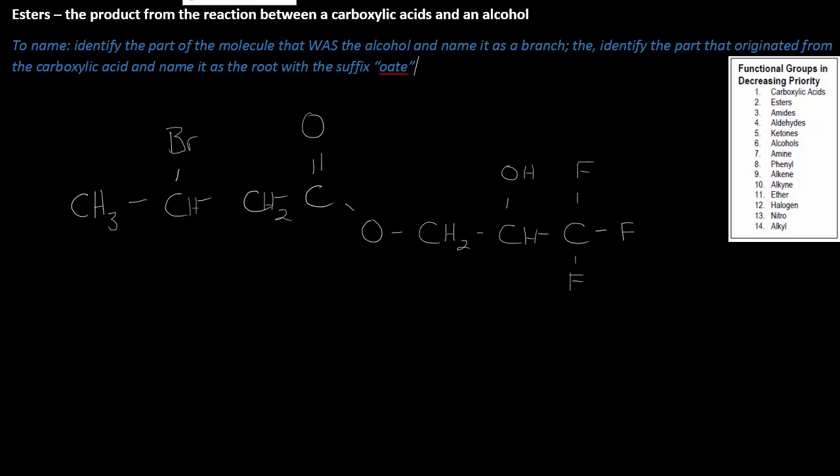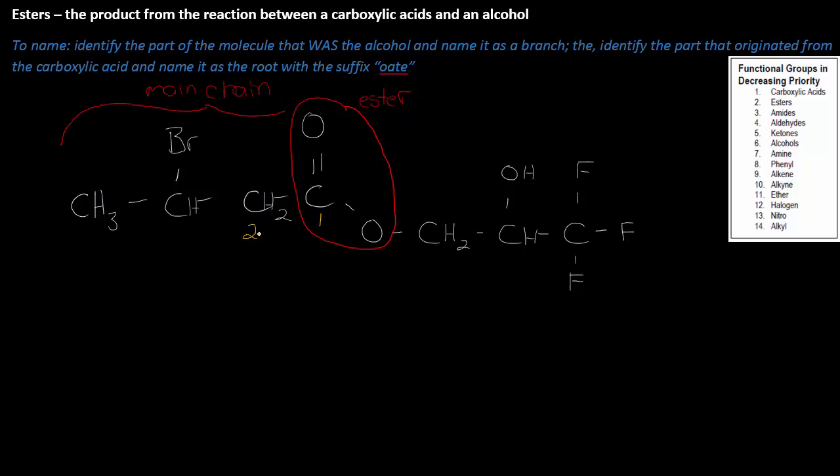And let's account for all the various parts of this. All right, so here's the ester functionality. Okay, we know the carbon with the double bond to the oxygen there is going to be carbon 1. So that carbon that has the double bond to the oxygen and the single bond to the other oxygen, that specific carbon is carbon 1. 2, 3, 4. So there's the main chain.